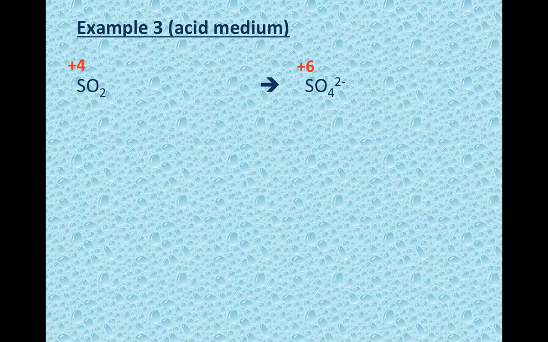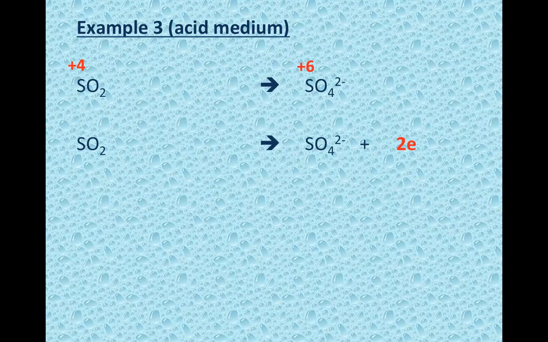From +4 to become +6, the sulfur atom must give away 2 electrons. So 2 electrons must come out from the sulfur atom to form sulfate. The 2 electrons, you put them on the right hand side because they have been given out.